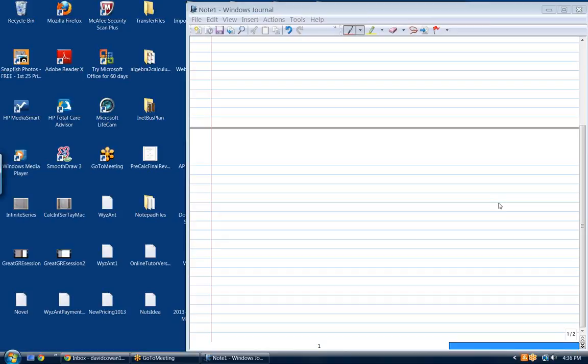If it already has the minus sign next to it, then just type in that lower window where it says type your message here. It's not there. Okay.